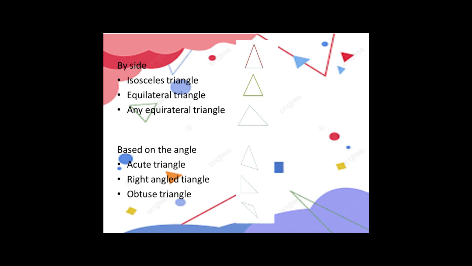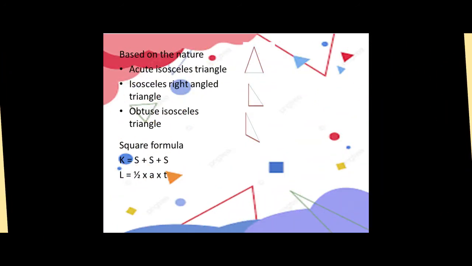Right angle triangle. 3. Obtuse triangle. Based on the nature: 1. Acute isosceles triangle. 2. Isosceles right angle triangle. 3. Obtuse isosceles triangle.